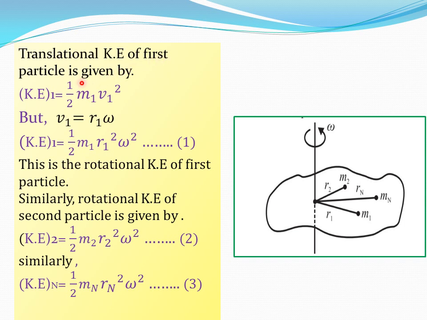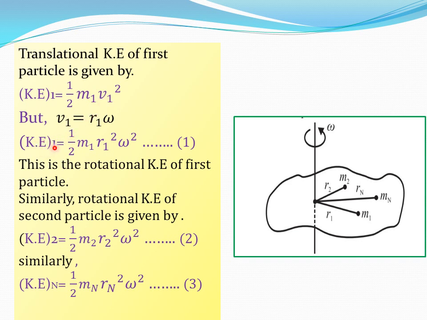So see the next. The kinetic energy of the first particle is given by, with suffix 1 meaning the first particle, 1 upon 2 m1 v1 square. But v1 equals r1 into omega, which we saw on the previous slide. So put it in place of v1.